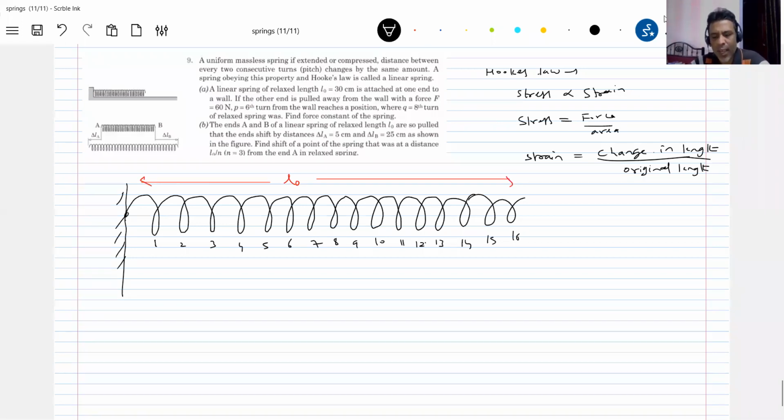Now, taking into account the question, the sixth turn will come to the position of the eighth turn.